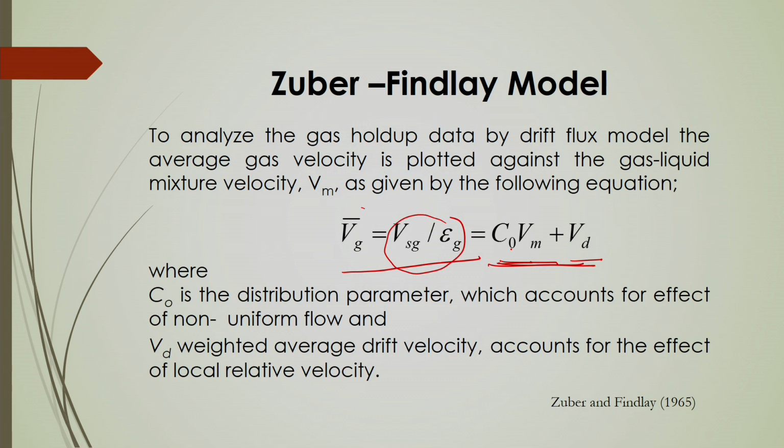Generally, for uniform velocity, the interaction of the bubbles will be very small, so the drift velocity will be relatively lower than in the non-uniform flow case. So, C0 is the distribution parameter and it accounts for the effect of non-uniform flow.